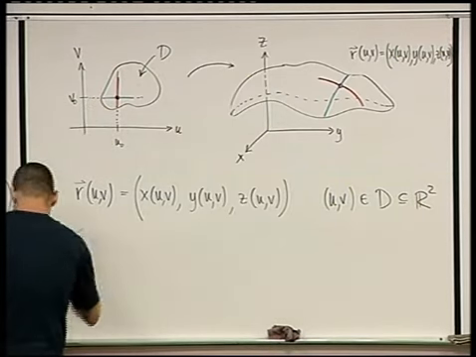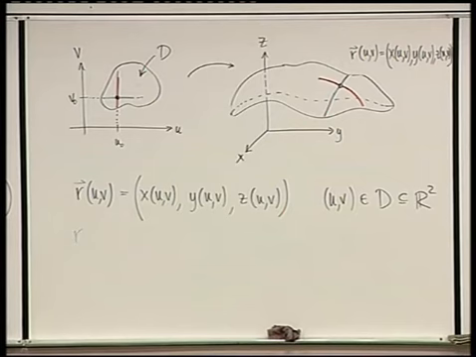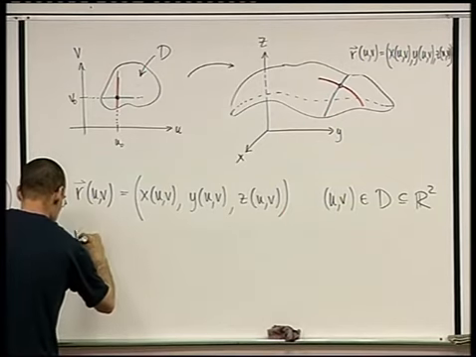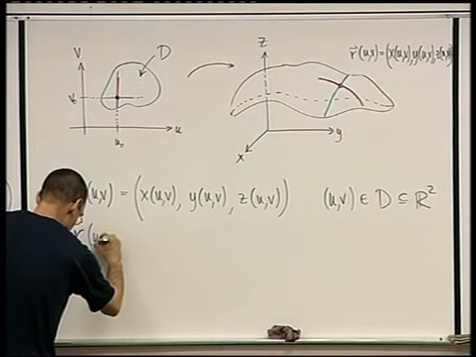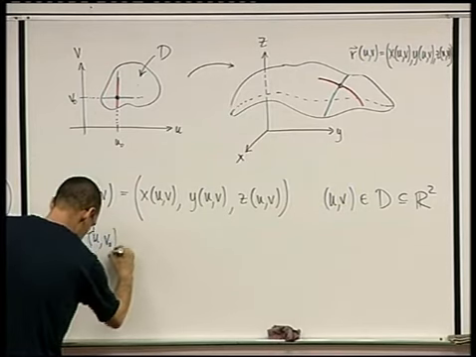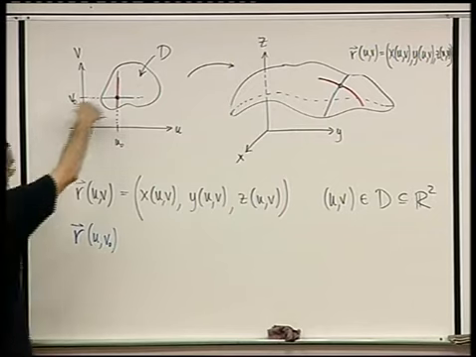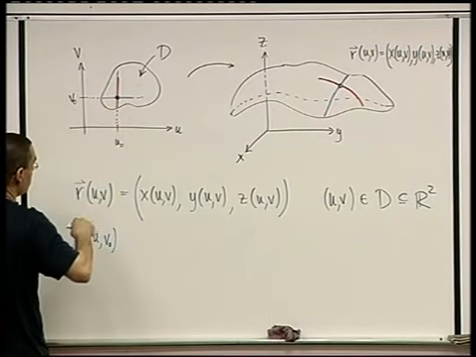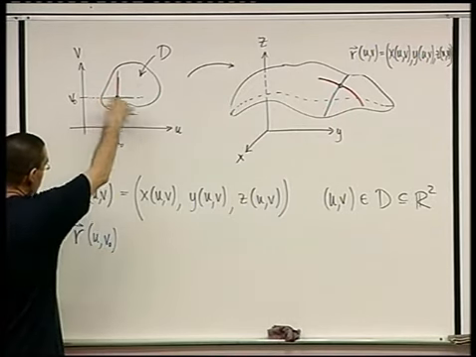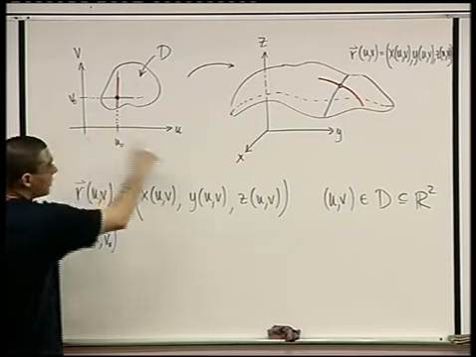So the blue line corresponds to R of U, V0. This is the blue line. Fixed V0, U varies. Do you agree? Okay, fixed V0, U varies. That's the blue line.